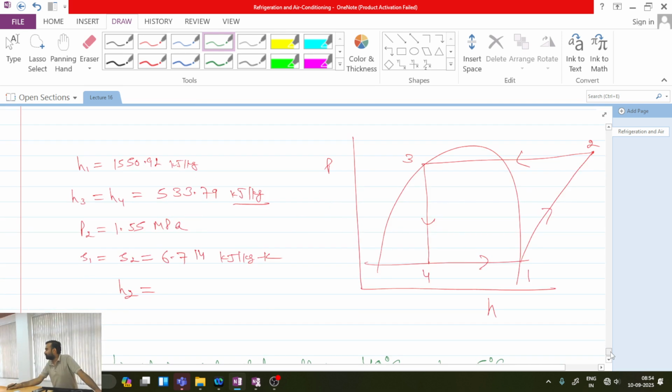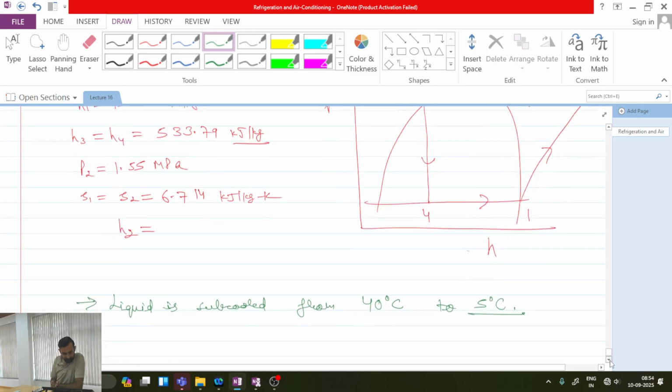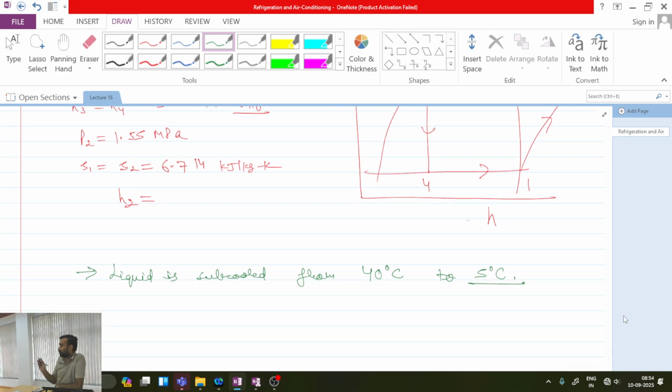How much is H2? You know 1400, you know 1600. Correspondingly, are you getting 6.714 there? No? What is the closest value? Just take that enthalpy.